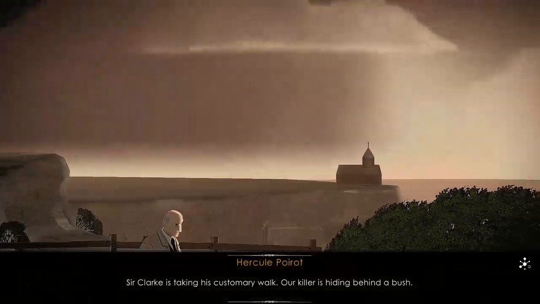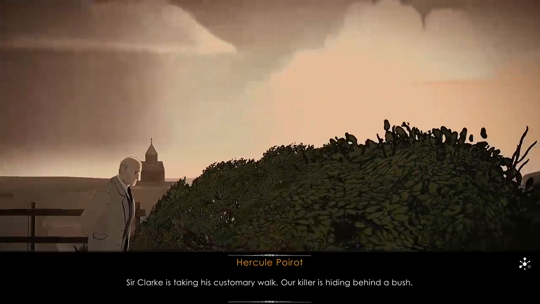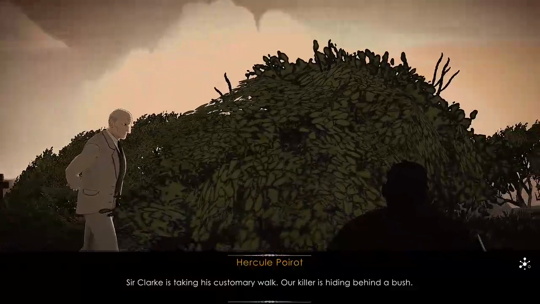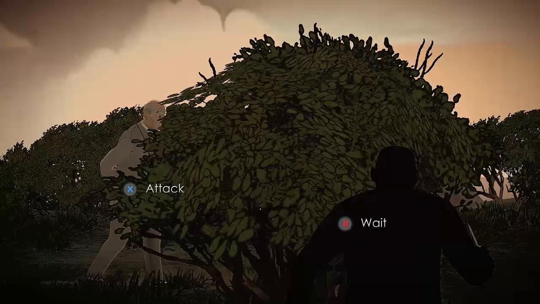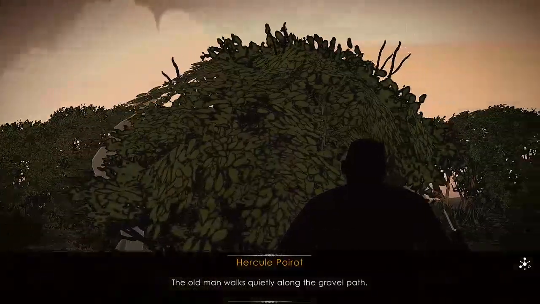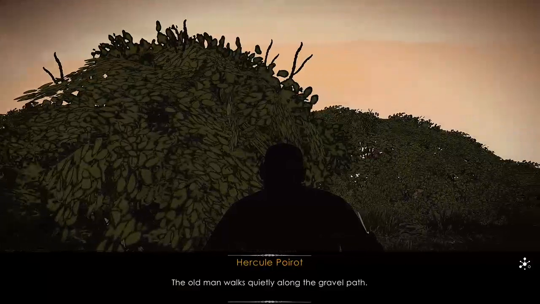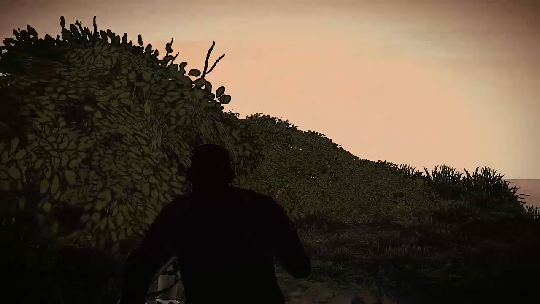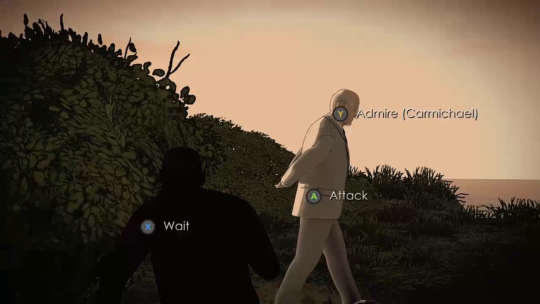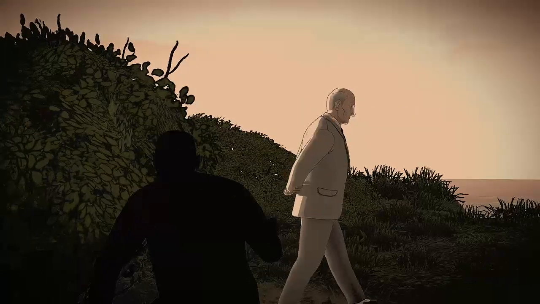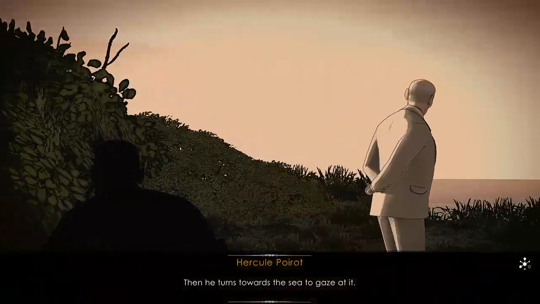Sir Clark is taking his customary walk. Our killer is hiding behind a bush. The old man walks quietly along the gravel path. Then he turns towards the sea to gaze at it.